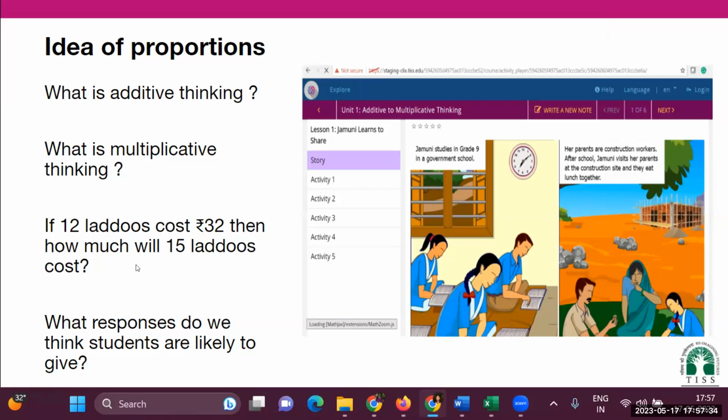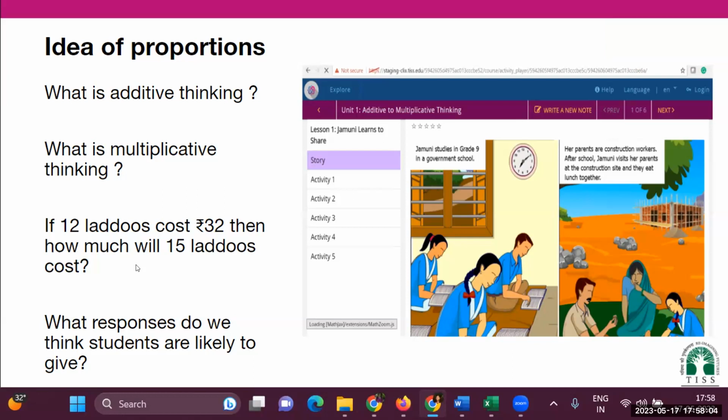You said your age is 46, and Tuba ma'am is 10 years younger to you, so she would be 36 now. Plus, what would be her age 20 years hence? So that would be 36 plus 20, 56. Yes. So in this case also, we are using additive thinking, because the difference between the ages remains the same.